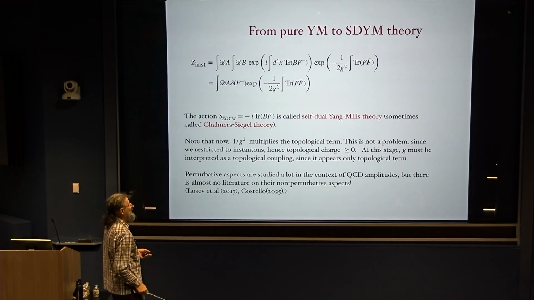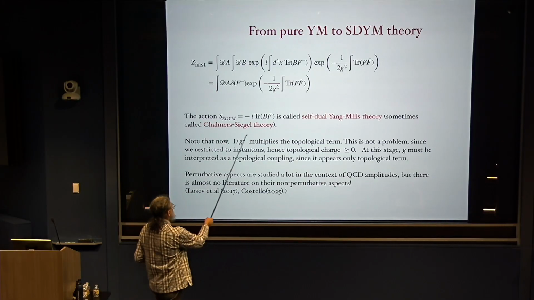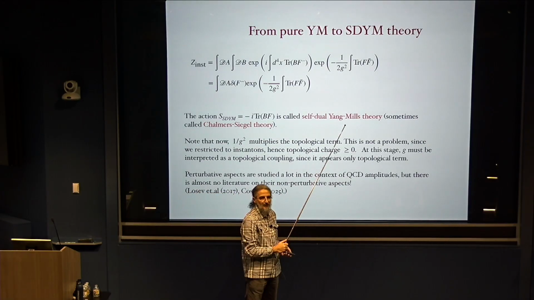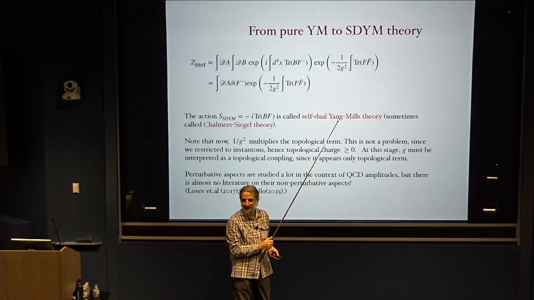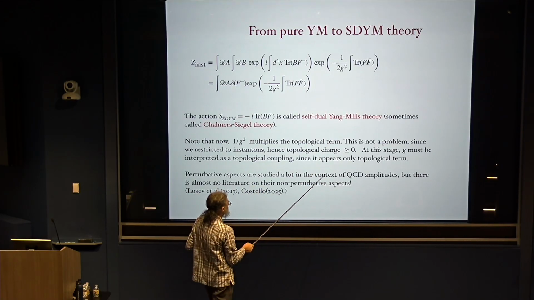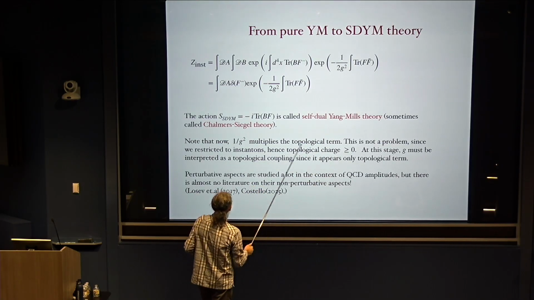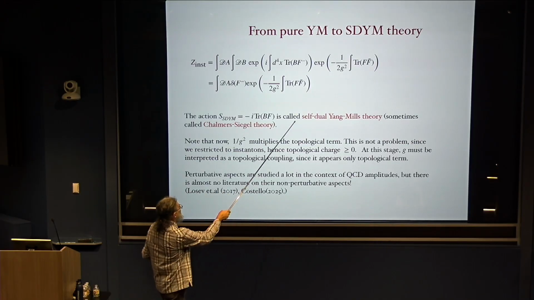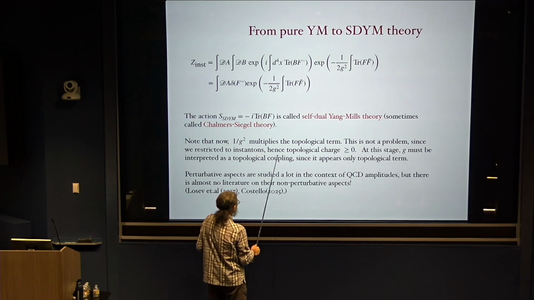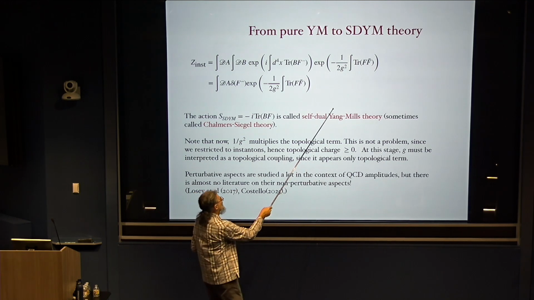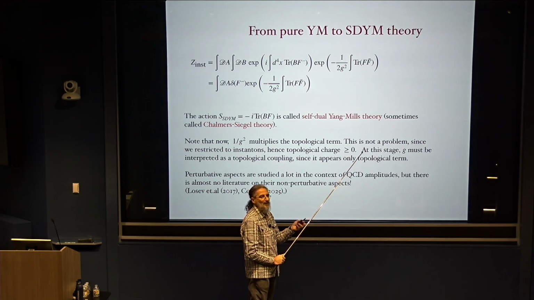But now, note that this 1 over g squared multiplies only the topological term. If you wanted to add theta, you can add theta, but I wanted to reduce the clutter. And this is not a problem, since you may think that this thing will lead to a divergence. But since the topological charge is positive now, this thing will give a sum over instantons.